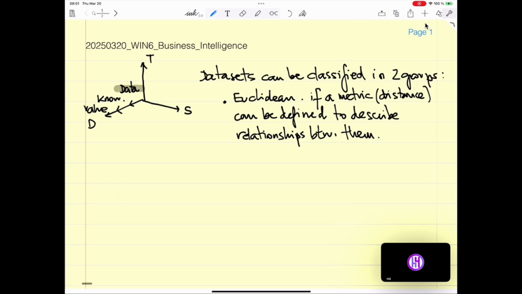And data sets can be non-Euclidean otherwise. Okay? So let's see some examples of Euclidean data sets.